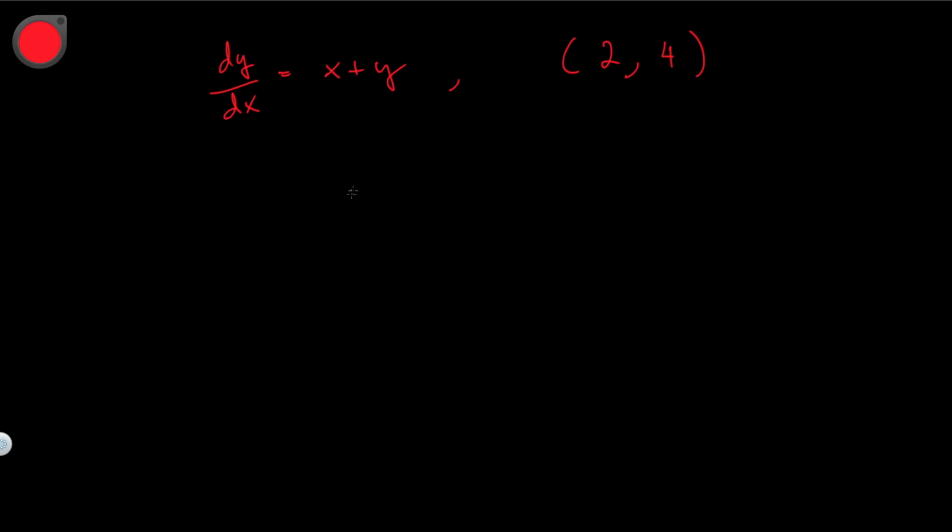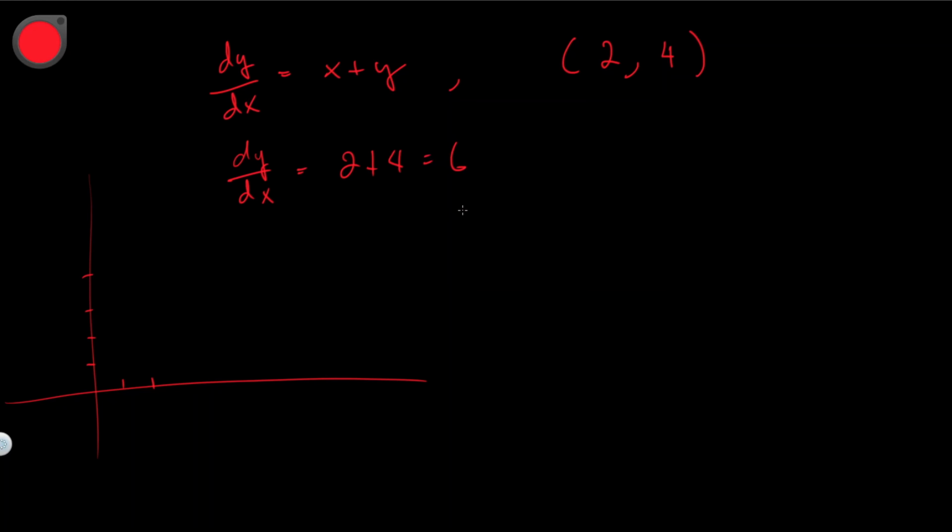What is the slope at (2, 4)? We plug (2, 4) in, so the slope at the coordinate (2, 4) is 2 plus 4, which is 6. Cool. At (2, 4), we have a slope of 6.